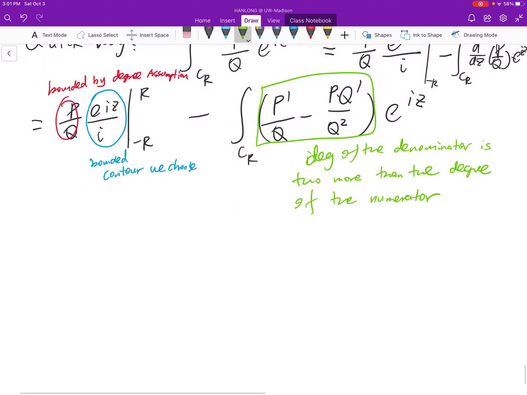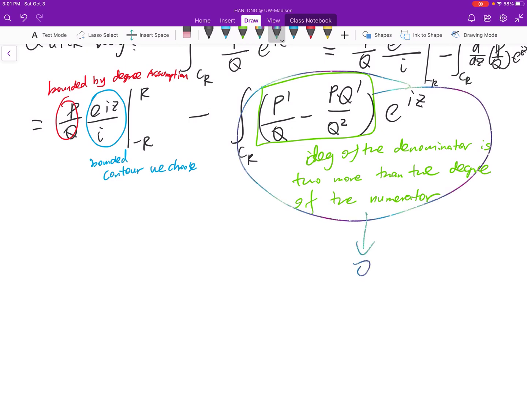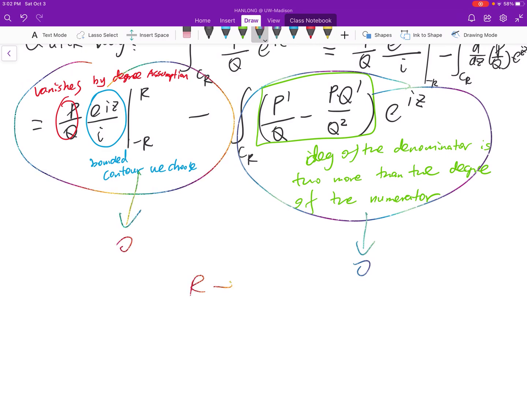So we can control this part easily. So this goes to 0. Okay, here I made a mistake. So it vanishes actually. Not bounded. Vanishes. So this part also goes to 0 when R goes to infinity.